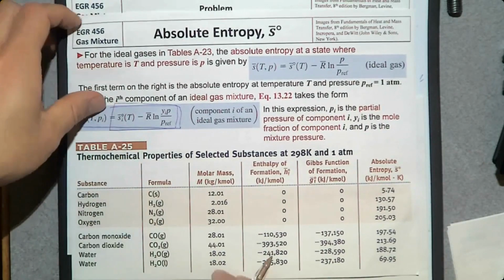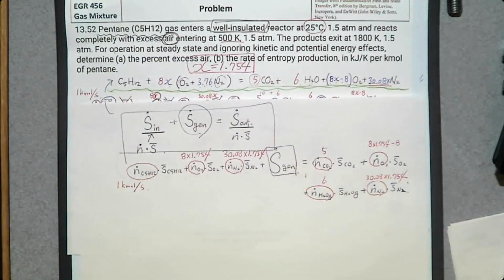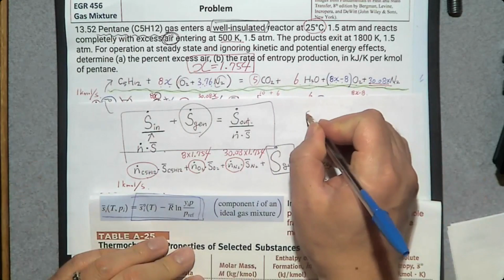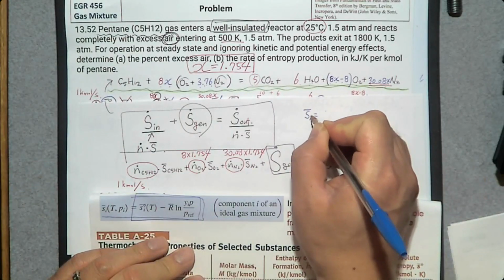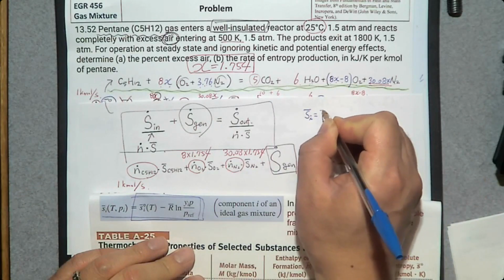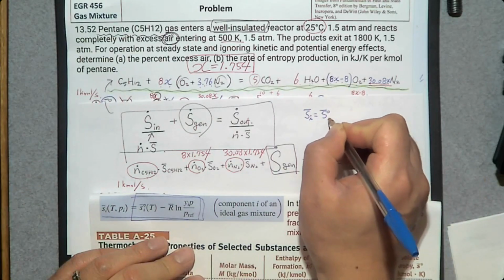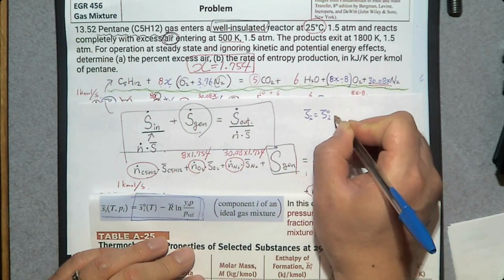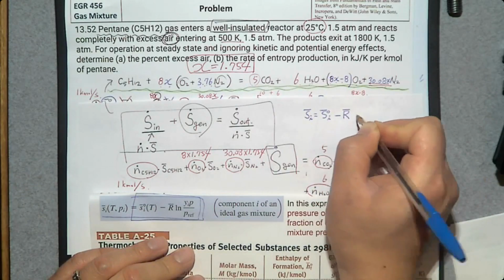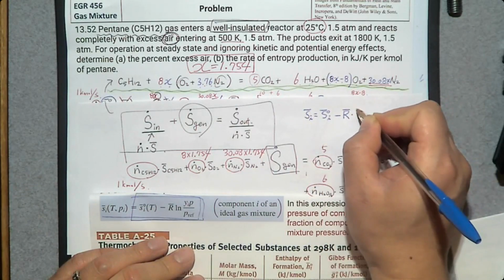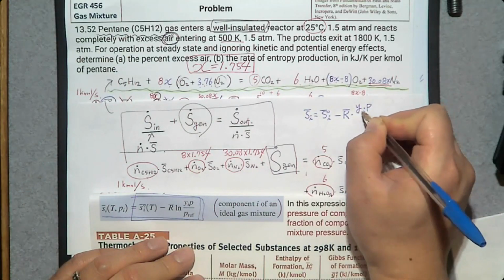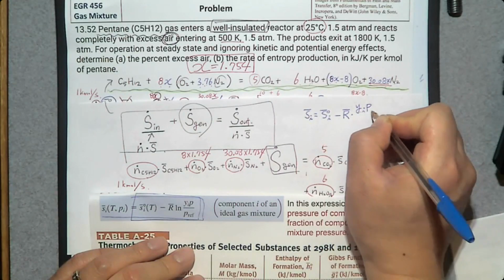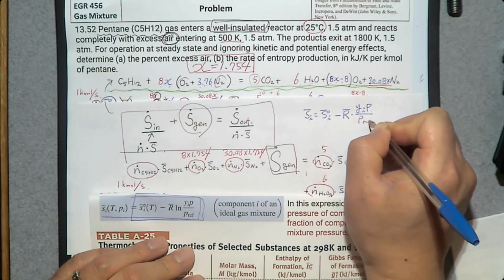Let me write it here. S bar for the I component is S bar degree, the absolute entropy of the I component, minus the gas constant times the partial pressure of this component, which is mole fraction times pressure, divided by reference pressure.